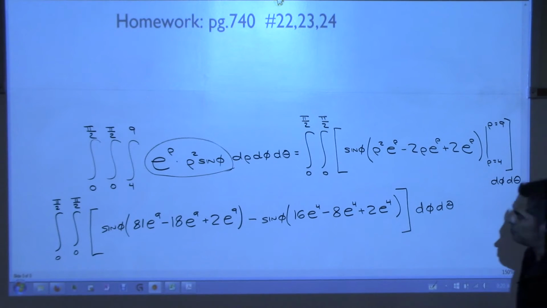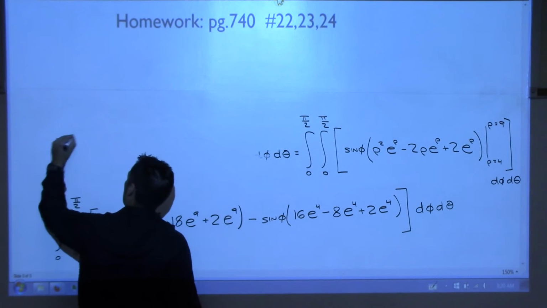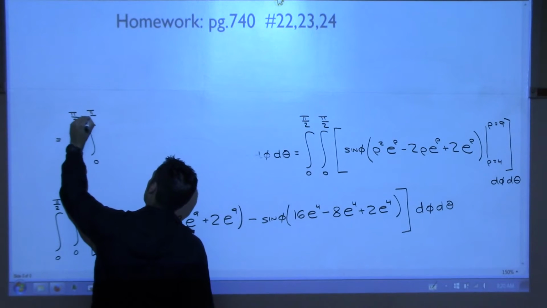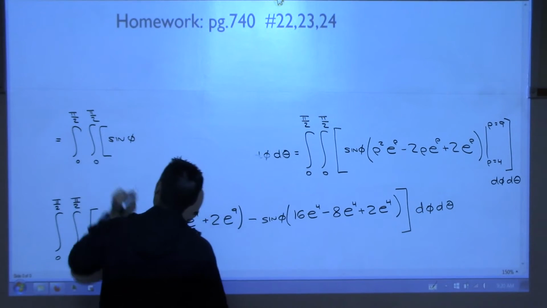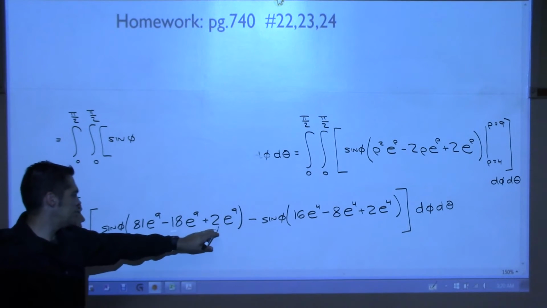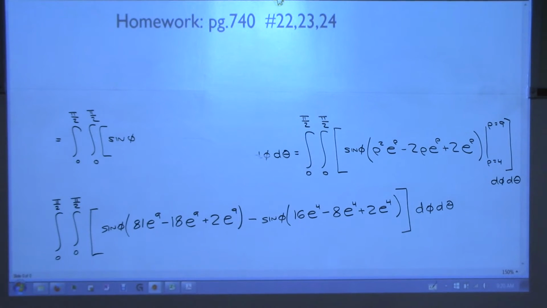All right, this should simplify a little bit. Integral 0 to pi over 2, integral 0 to pi over 2. All right, sine phi. And then, let's see, 81 of these. 81 plus 2 of them is 83. So 83 minus 18, right? 83 minus 18 is going to give you 65.